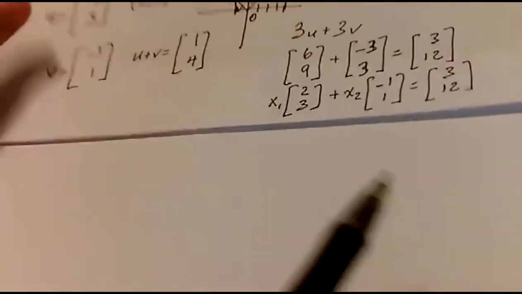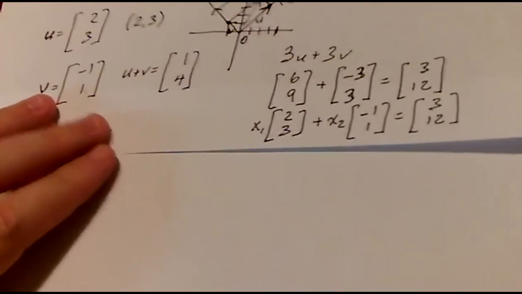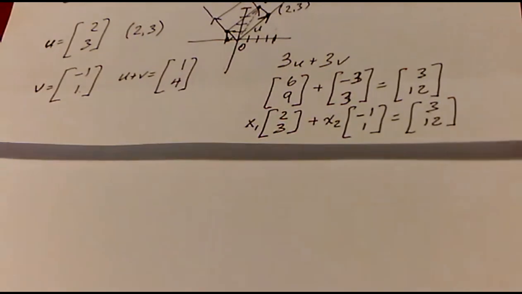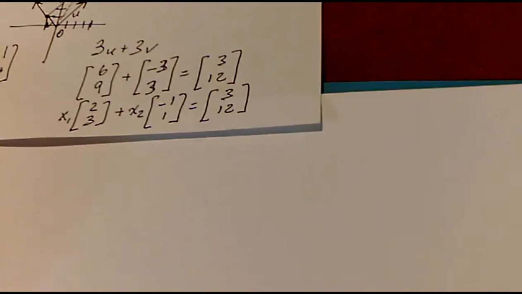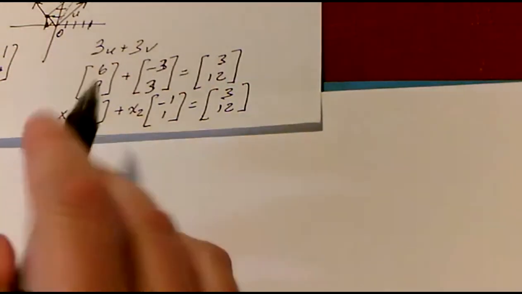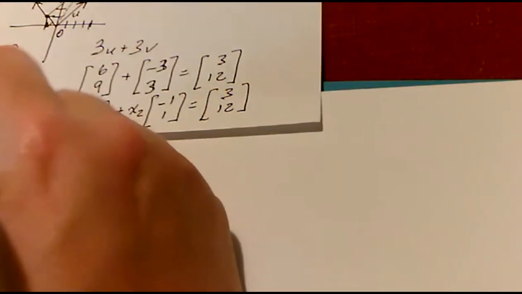So let's look at that system. I have my equations here, and let's write down what these equations would be as a system of equations instead of as vectors. So this is x1 times 2, so I have 2x1.